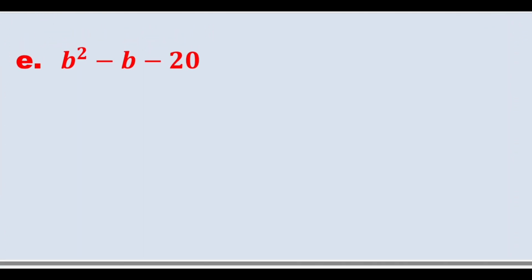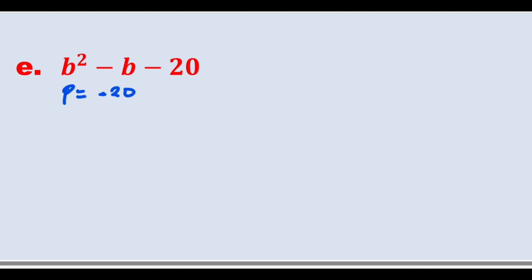Finally, we're looking at b squared minus b minus 20. If you work this out, the product is negative 20 and the sum is negative 1. As I said earlier, if the product is negative, then it simply means that one of the numbers is negative and the other one is positive.